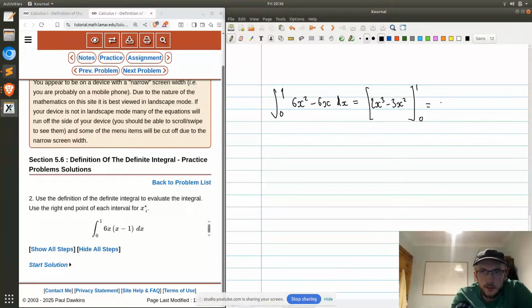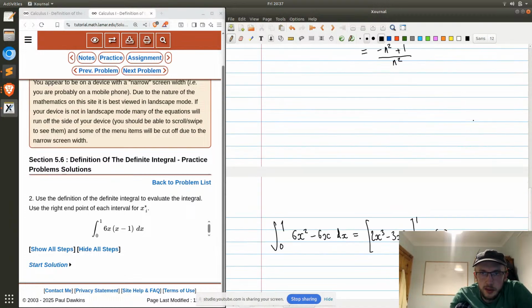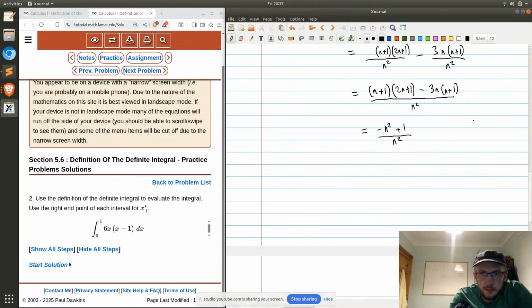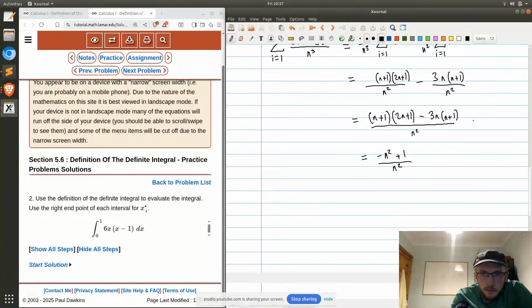You sub in 1, you get minus 1. You sub in 0, you get nothing. So, okay, maybe it's not so bad. Okay, now we go here. The limit to infinity of minus 1 plus 1 over n squared, which is minus 1.